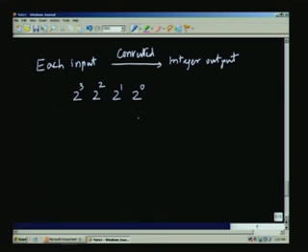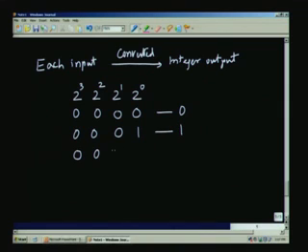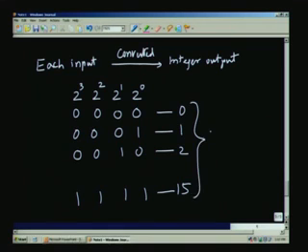I can have a number like this, all zeros; of course, the value is 0. I can have 1 here, the value is 1. I can have 2. The biggest number I can think of is 1111, which corresponds to 15. So, 0, 1, 2, 3 up to 15. There are 16 integers that are generated.